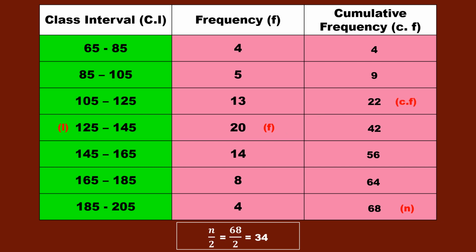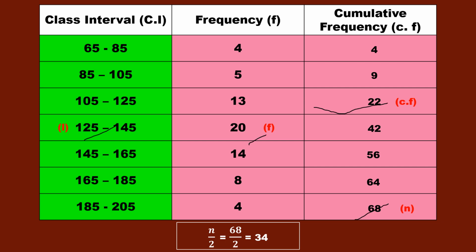Wherever the very first value greater than N by 2 is, that row is called the median class. As it is a class interval, it is called the median class. Its frequency is the frequency of the median class, and its cumulative frequency will be the preceding value. Now we have N, F, L and CF.